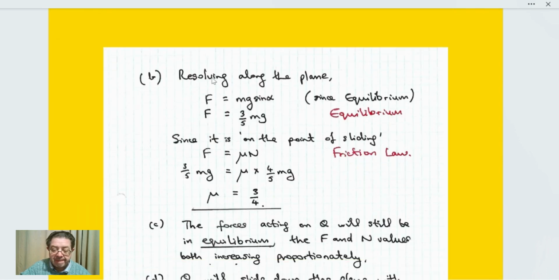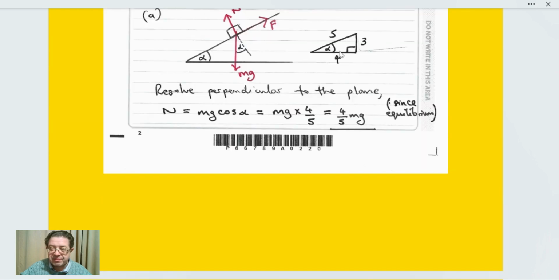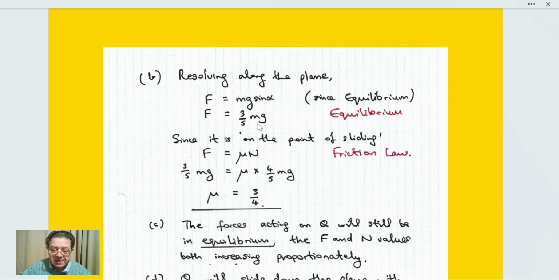We're going to resolve along the plane. Along the plane, there are 2 components. There's friction going up the plane, and there's a component of weight down the plane, which will be mg sine alpha. Sine of alpha is 3/5, so friction will be 3/5 mg. We know the normal reaction already.